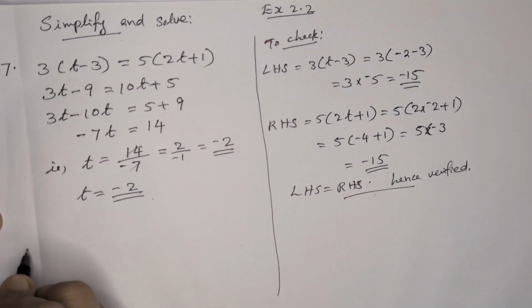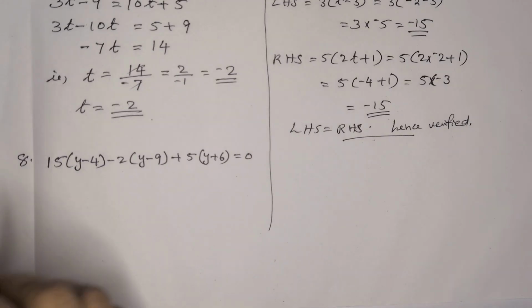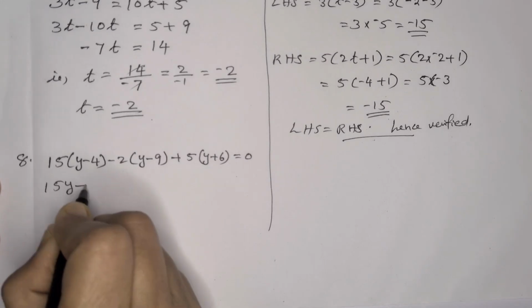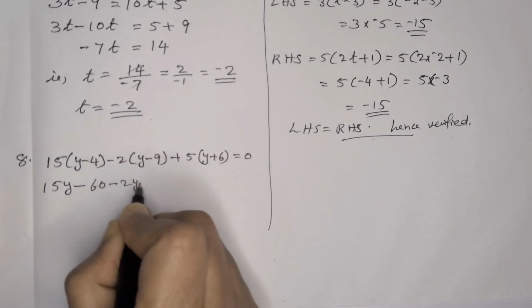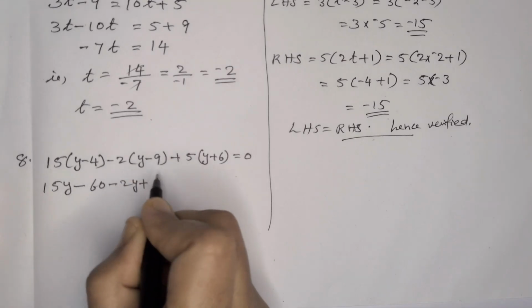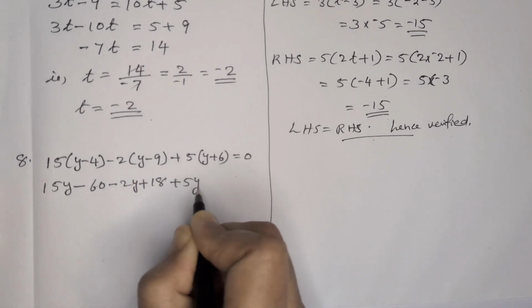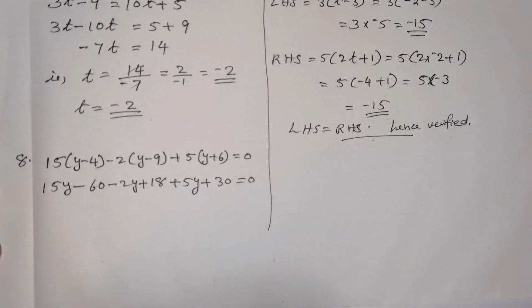Now the next question, the 8th one. 15y minus 60 minus 2y plus 18 plus 5y plus 30 is equal to 0.